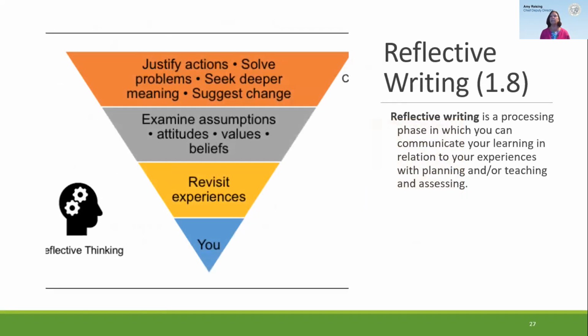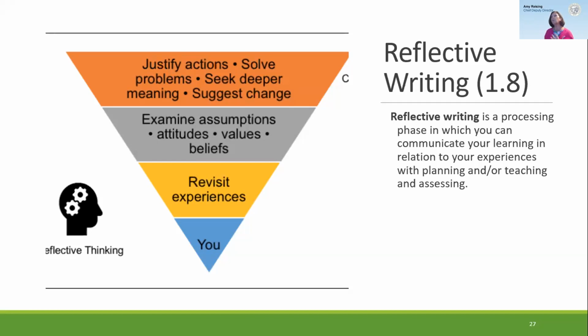And then I think we have another interesting graphic here that may be helpful. Again, back to reflective writing. In your reflective writing, you really want to be justifying your actions, explaining how you solved problems in your instruction, for example, revisiting experiences and thinking about yourself. Reflective writing is a processing phase.